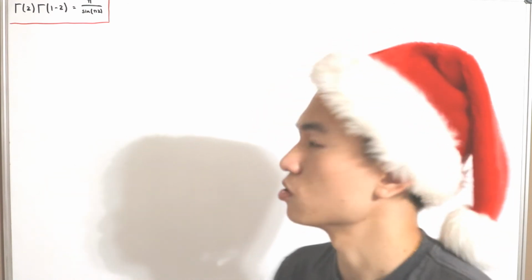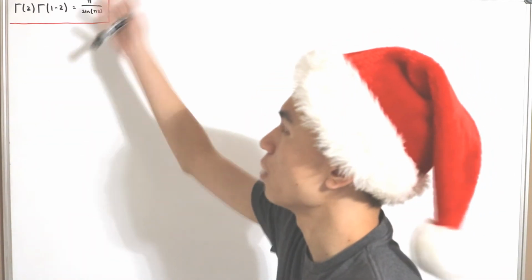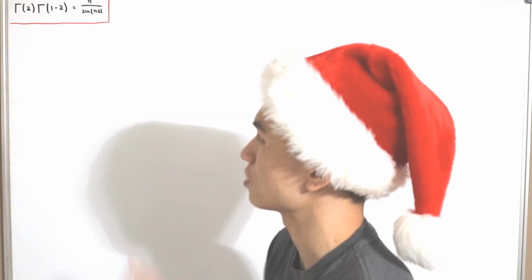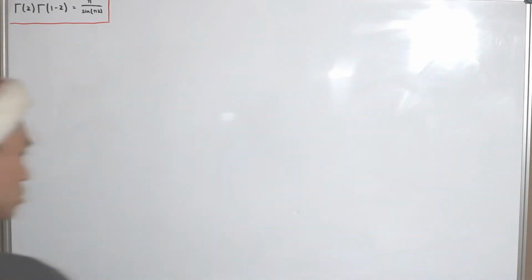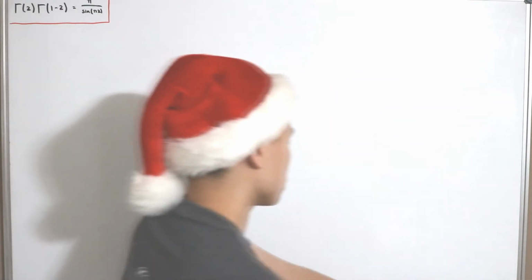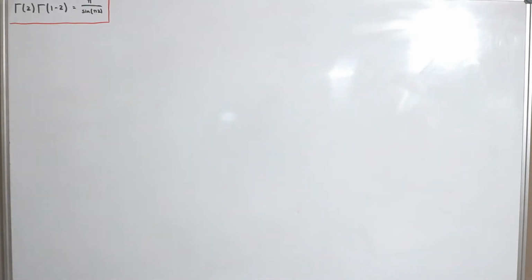So, as I said, we're going to be proving this property, this formula. So let's actually do this. Let's use Euler's definition of the gamma function.